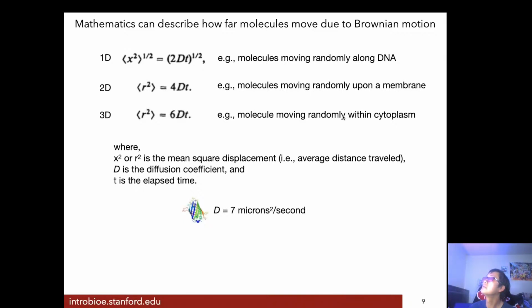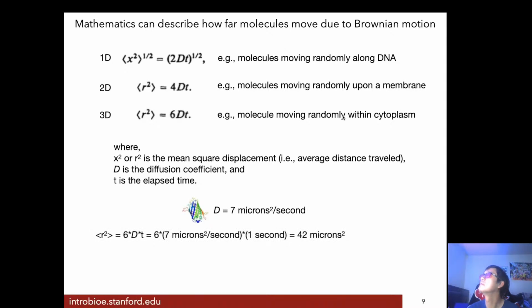And to keep it simple, the value of D, the diffusion coefficient, is 7 microns squared per second. So if we wanted to ask, how far will green fluorescent protein tend to move on average over some period of time, we can take this value of D and decide what system we're working with, like a 1D, 2D, or 3D system, and plug it into the equation.